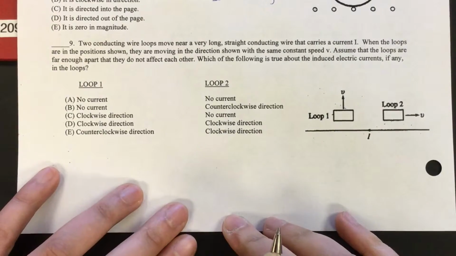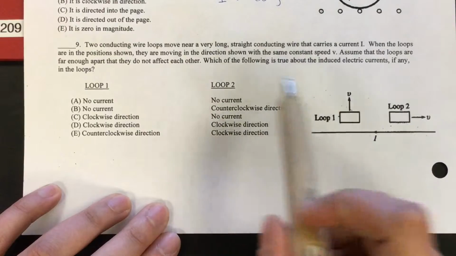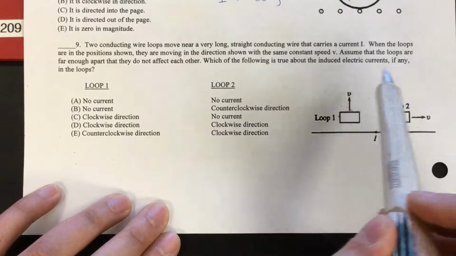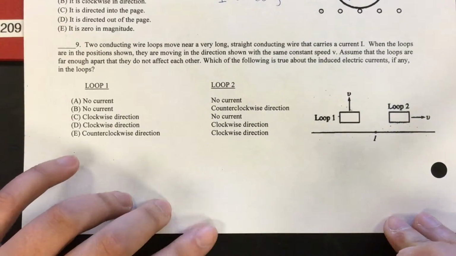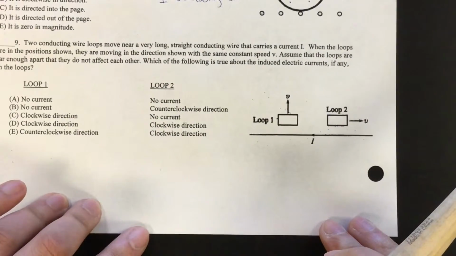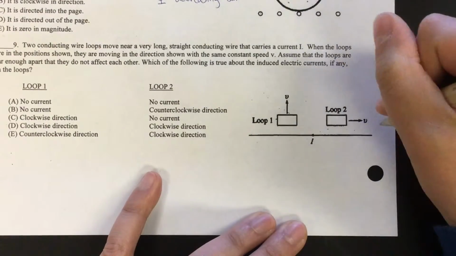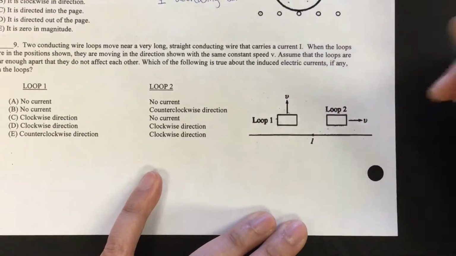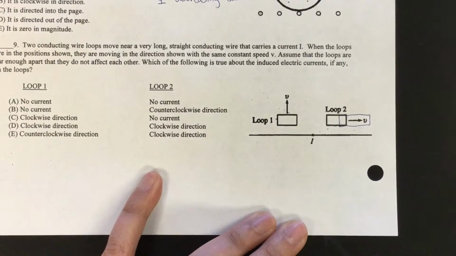Finally, number 9. For this one, I have 2 loops of wire, and we're trying to figure out if they have any induced electric currents. So I'm going to do the easy one first. Loop 2. Loop 2 experiences the same field in this position as it did a moment beforehand.